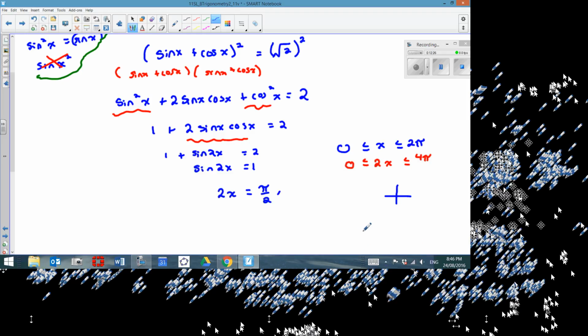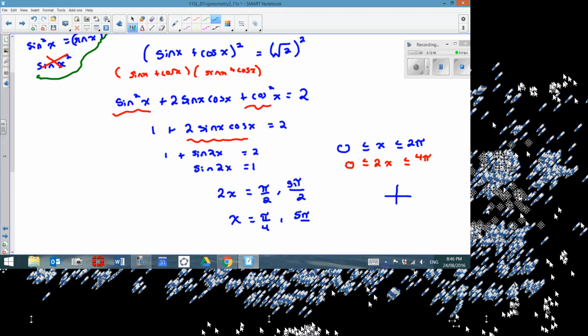So I've got 5 pi over 2. All right, if I go another 2 pi units later, I'm going to wind up at 9 pi over 2, which is just beyond 4 pi. So I'm going to stop at pi over 2 and 5 pi over 2, divide by 2, and I'll get pi over 4 and 5 pi over 4.